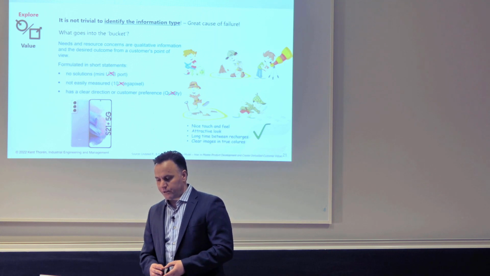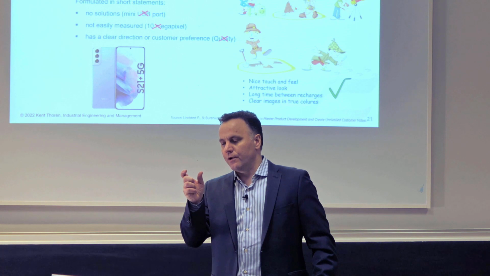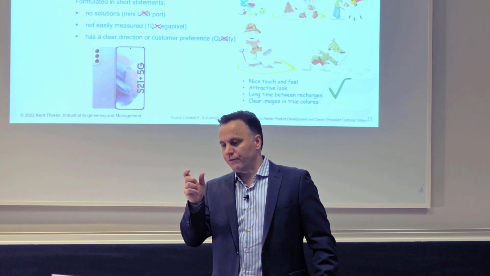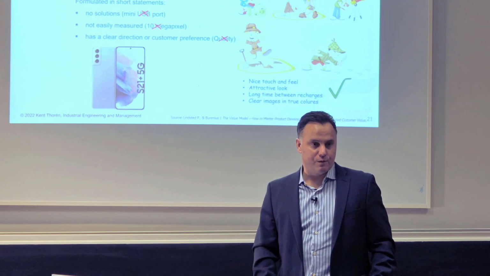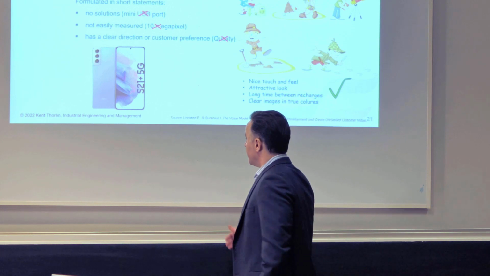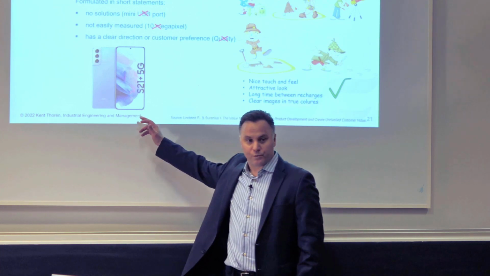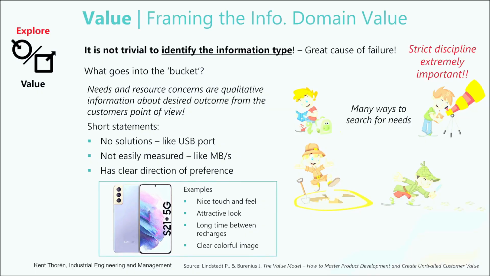And it should have a clear direction or preference. It needs to capture something the customer wants to achieve, and a direction of preference is also interesting. Because if you make a phone, it's really important to know if they want a bigger screen or a smaller screen. And they might say they want to watch movies or they want it to fit in the pocket and so on.